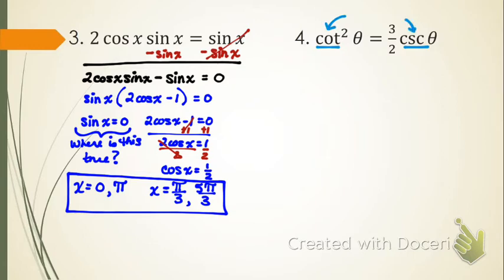Cotangent, cosecant. Same trig function? Nope. Can I factor the same thing out of both of them? No. Not really. Can I rewrite any of them? Yes. What can I rewrite? I could write cotangent as cosine over sine. Does that help me get to cosecant?